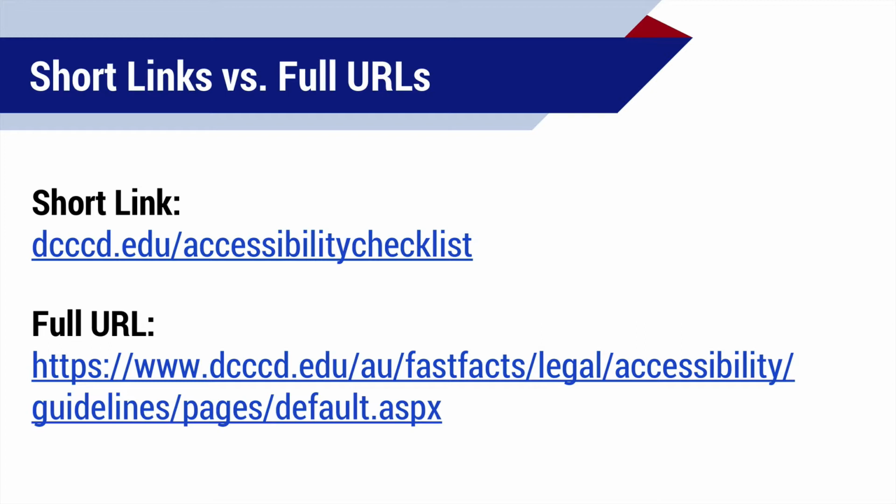Here's the actual full URL of the accessibility checklist for comparison: www.dcccd.edu/au/legal/accessibility/guidelines/pages/default.aspx. The short link would be much easier to read and also to type into an internet browser, right?